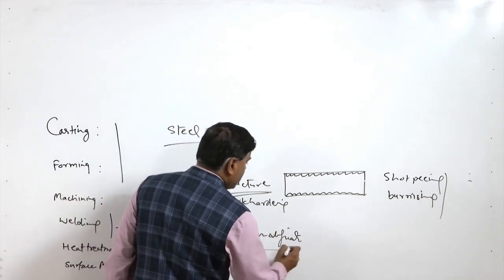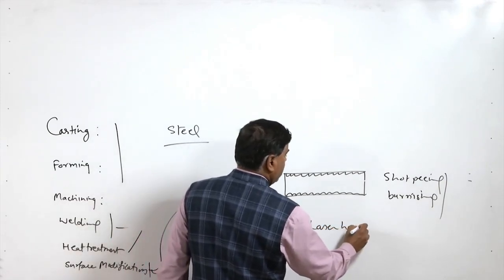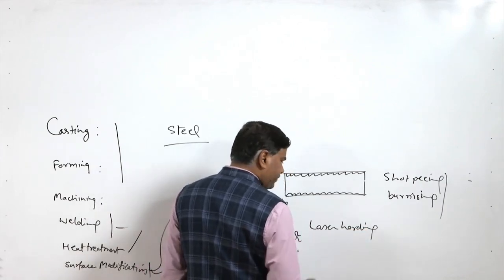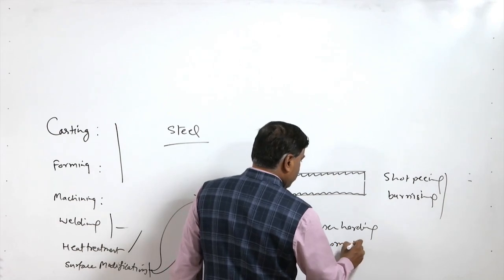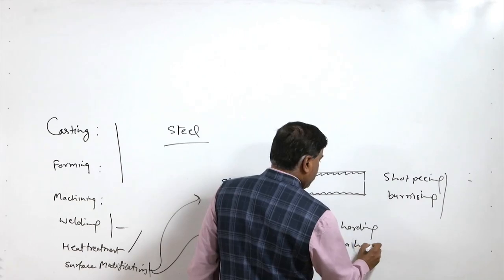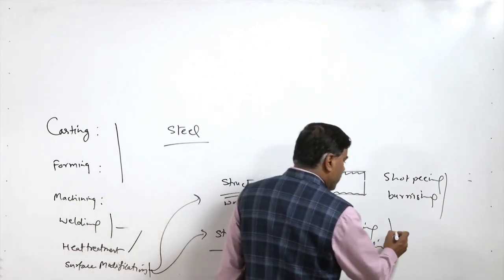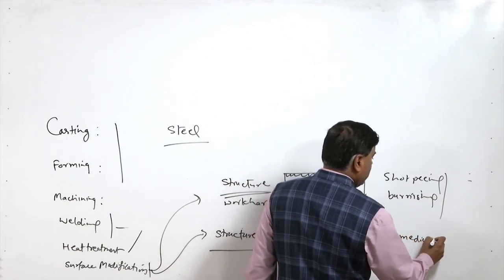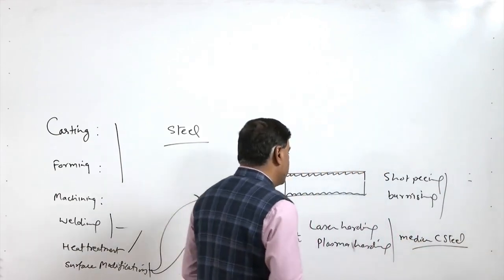There is another case where just the structure is modified, there is no work hardening effect. In this case we have laser hardening or plasma hardening. In both these cases normally medium carbon steel, which is quite hardenable, is used.